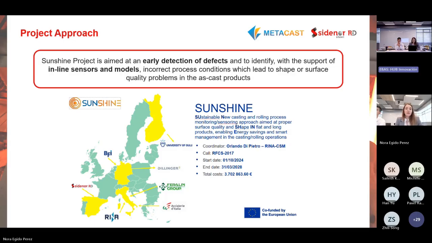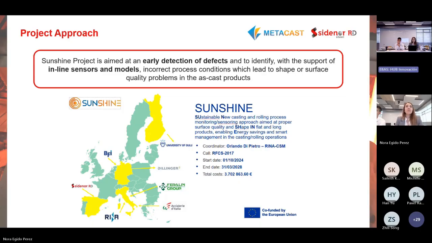So the challenge for steel makers is that all of our quality controls are typically carried out at the very end of our process. So at that time, when a defect is found, the product has to be scrapped.